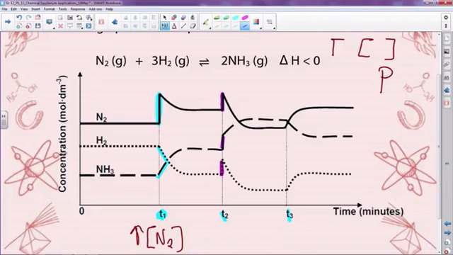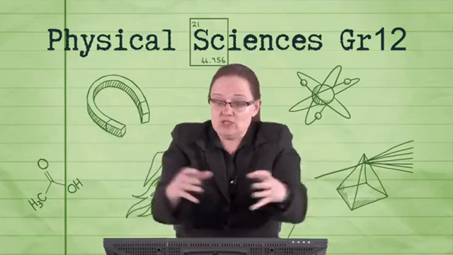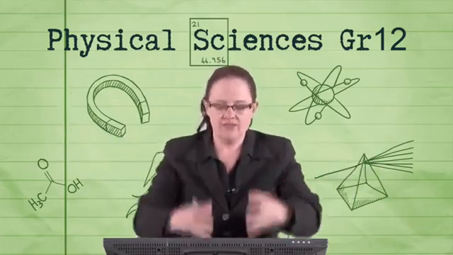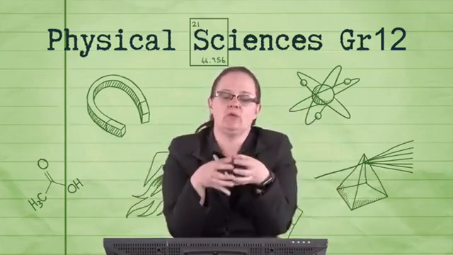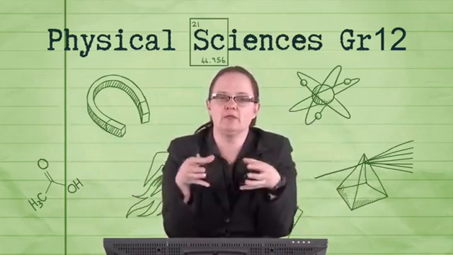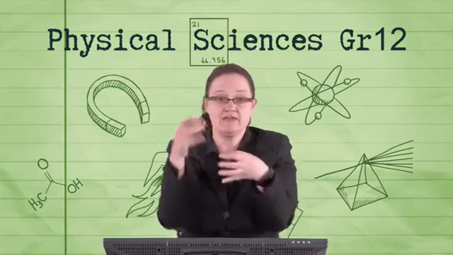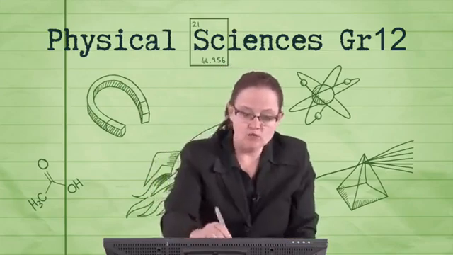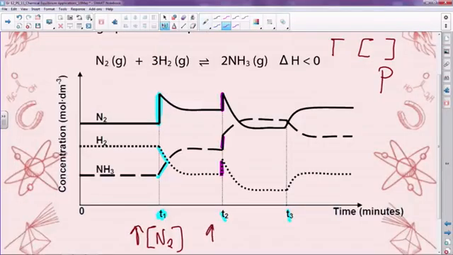By increasing the pressure. If I make the volume of the container smaller, their concentrations increase, because now we have the same number of particles in a smaller volume, which means if I calculate their concentration, it will have gone up. So at T2, we increased the pressure, okay?